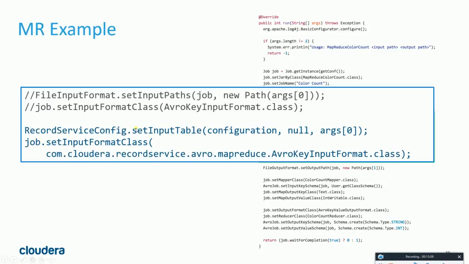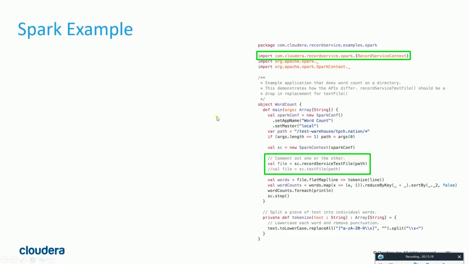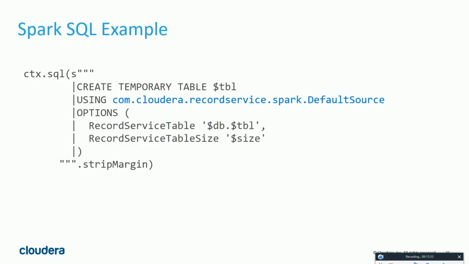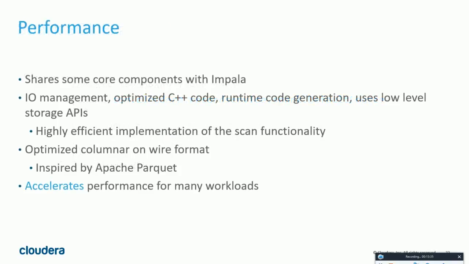Here we are just setting the input table and adding our input format class. Here's the Spark example, showing how to easily convert your compute application to use record service in an environment where otherwise you're not supposed to be reading the files.